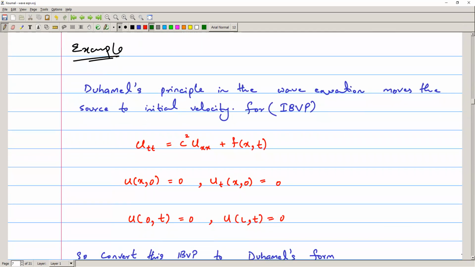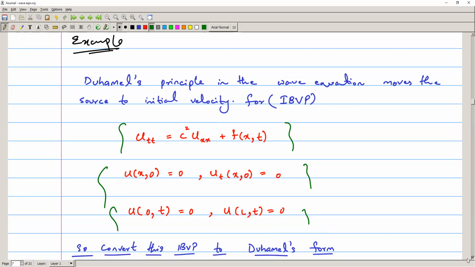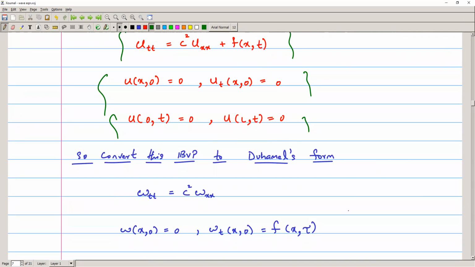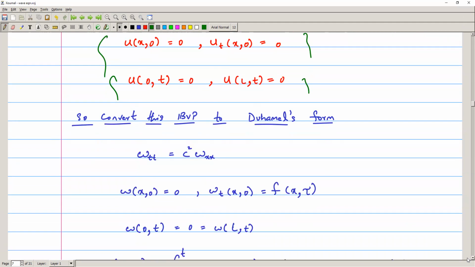Now let's talk about Duhamel's principle for the initial boundary value problem for the non-homogeneous wave equation. If the equation is given in this form and we have these conditions, we can apply Duhamel's principle, where this function f of x,t is converted to the initial velocity problem.